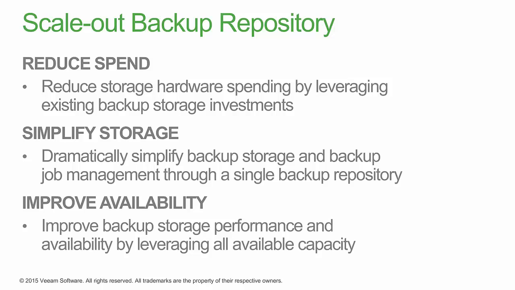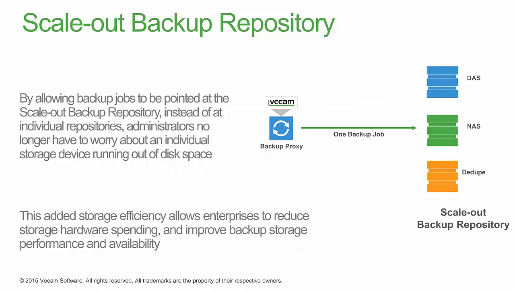So let me just explain how this works and what it is, the scale-out backup repository. Perhaps the best way of explaining this is it's a repository of repositories. When you first configure this, you'll go in there and create your backup repositories. Then you'll create a scale-out backup repository which just points to those.